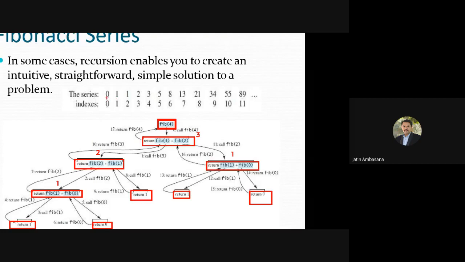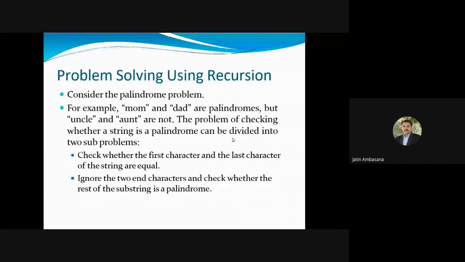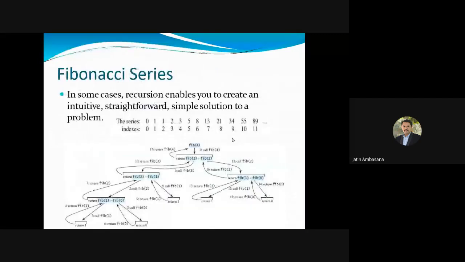So 0, 1, 1, 2, 3. These all get displayed. 0 will already be displayed. Then we'll start with this 1, then this 1, then this 2, and then this 3. In that way we will display. So that is how Fibonacci series works. Try this out in your practical program.